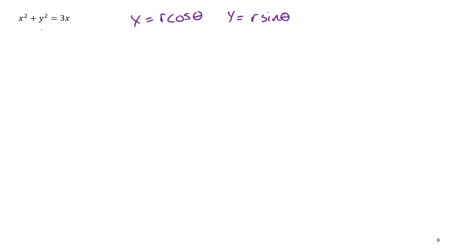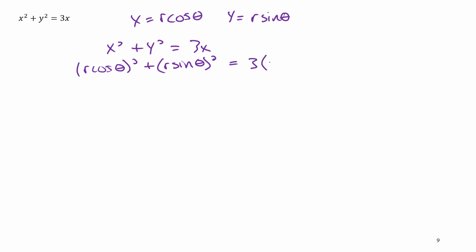I'm going to take this r cosine and r sine and plug it in for my x's and y's. So we would get r cosine theta squared plus r sine theta squared equaling 3 parentheses r cosine theta.